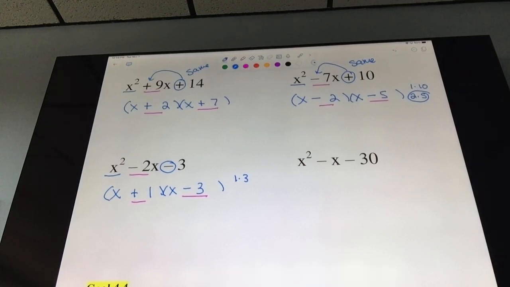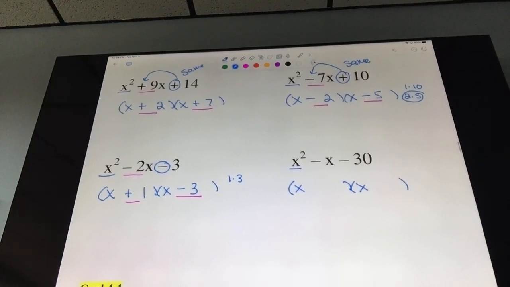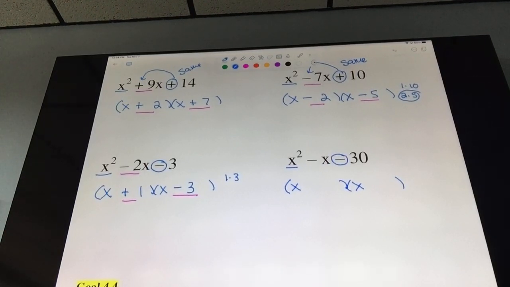And my last one here. X squared is x times x. Minus at the end means one of each sign. And then 30 can be 1 times 30, 2 times 15, 3 times 10, not divisible by 4, 5 times 6, and then I start repeating.